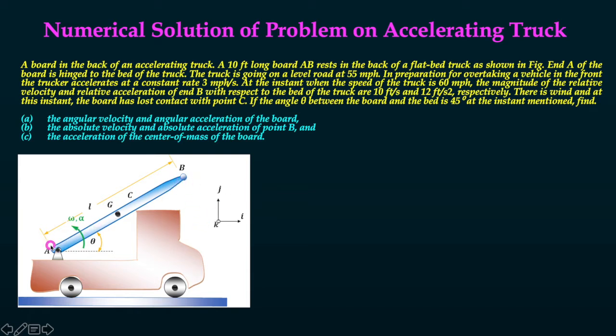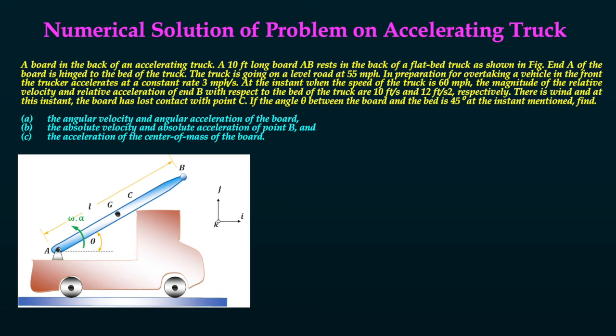Finally, the board is subjected to the translational motion of the track as well as the relative angular motion with respect to the track. Angular motion with respect to the track means that motion is also with respect to the road, this road.